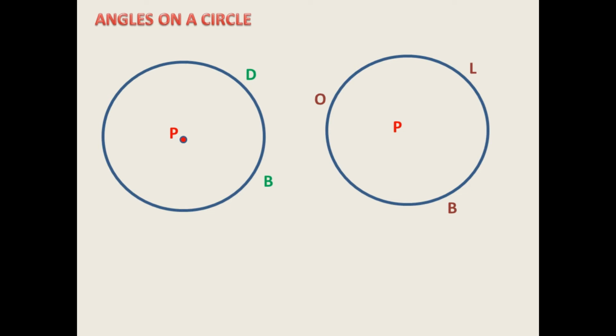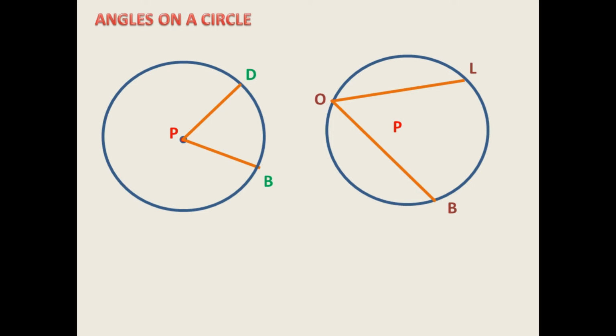So let's talk now about angles on a circle. So we have angle DPB, and angle LOB. We can name angle DPB as angle BPD also, as long as the vertex is in the middle of the given angle. And angle LOB can be named as angle BOL.